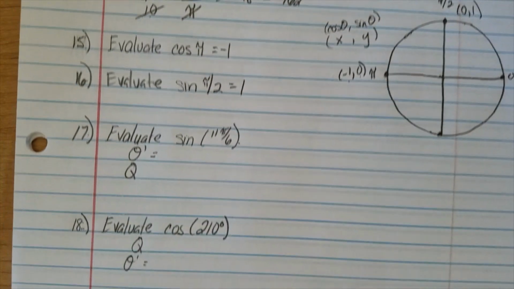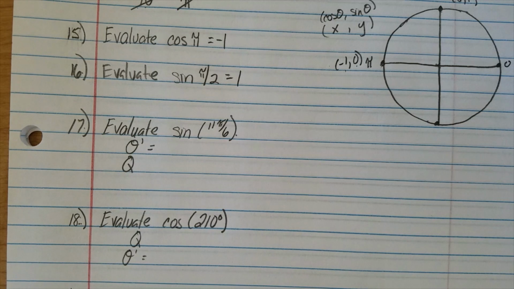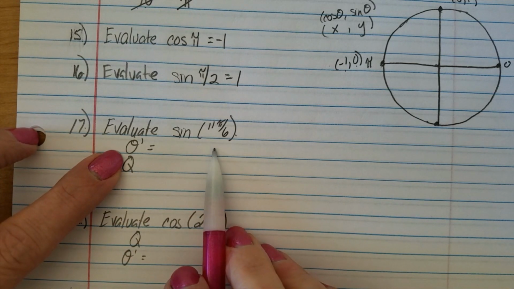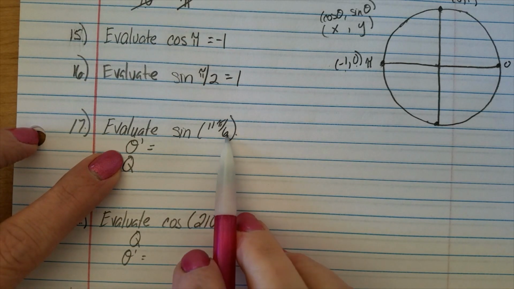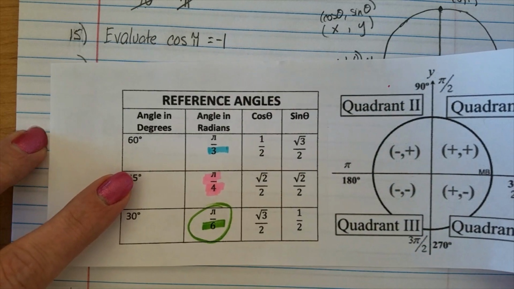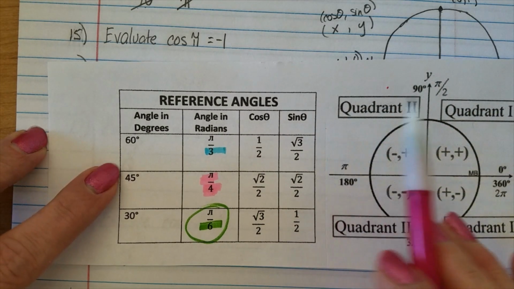Let's kick it up a notch. Sine of 11 pi over 6. Here's where your reference angles are going to come in very handy. Makes life super simple. Okay, so my reference angle. Radians are great. All you do is look at your denominator. And if you remember too, this comes from another video lesson that I did.